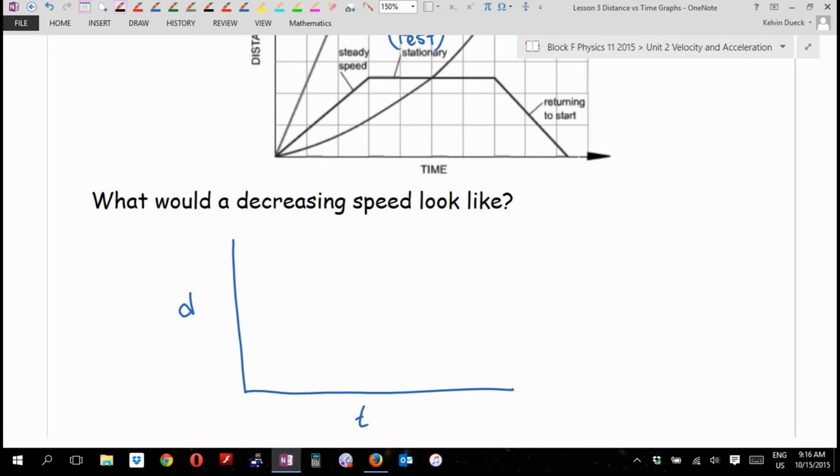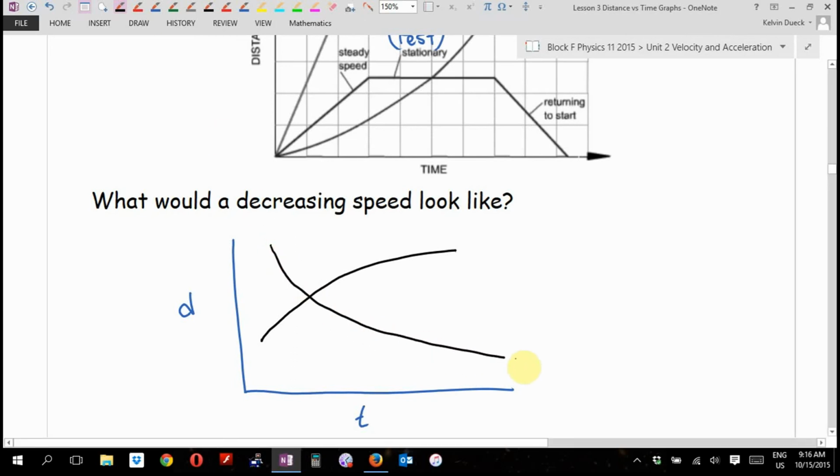Oh, I think I just answered it, Jessica. A decreasing slope. There. That's slowing down. If you really wanted, don't write this down, Alicia, to get technical, what would slowing down while going backwards look like? It would be a decreasing negative slope.